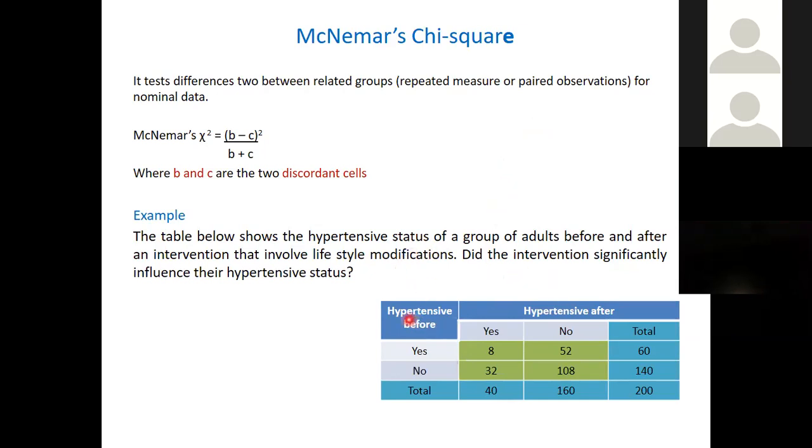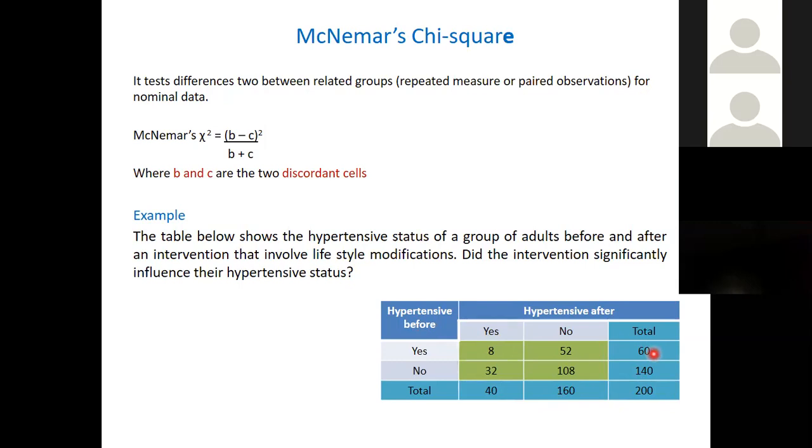Maybe they gave them lifestyle modification, training, exercise, diet, and many things. They measured the blood pressure of these 200 people and classified them. At inception, 60 were hypertensive and 140 were not hypertensive.